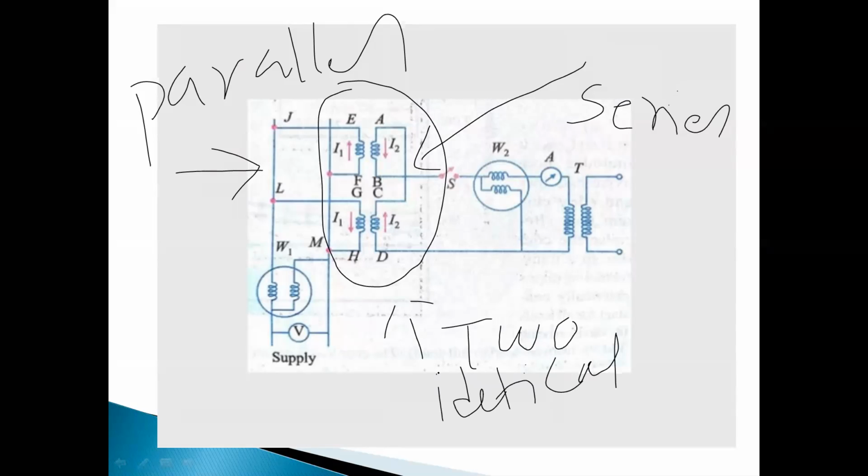Those primaries are connected in parallel, and secondaries are connected in series opposition. We apply rated voltage on the primary side with the help of a supply.